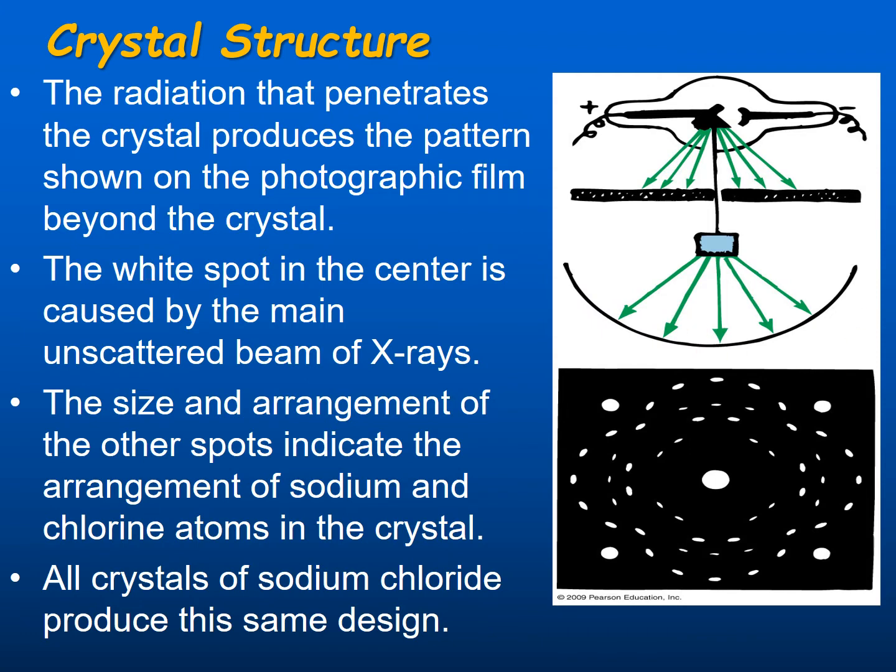The white spot at the center is caused by the main unscattered radiation. The size and arrangement of the other spots indicate the arrangement of sodium and chloride atoms in the crystal. All crystals of sodium chloride will produce the same photograph, the same design.